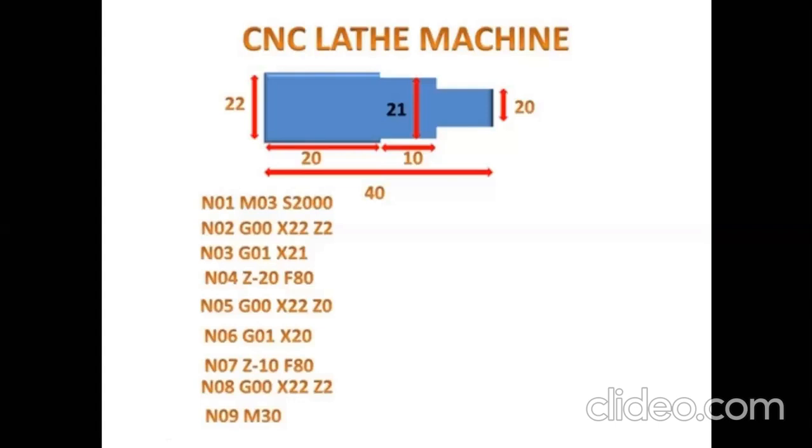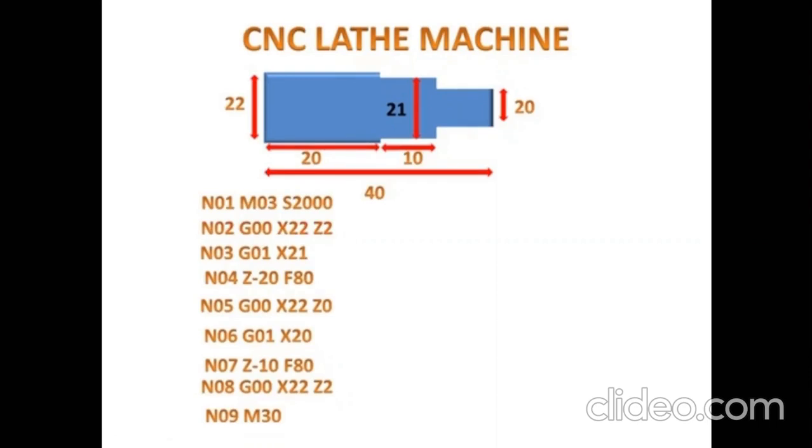First of all, we will clamp your workpiece raw material into the spindle, and then carry out the turning operation. So M03 provides circular motion to your spindle, which is in the anti-clockwise direction. And the next parameter is S2000. What does this S2000 represent?